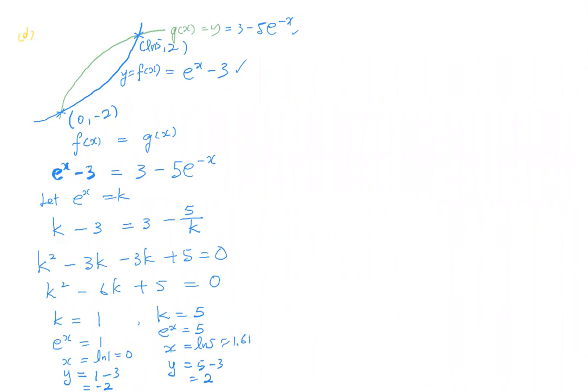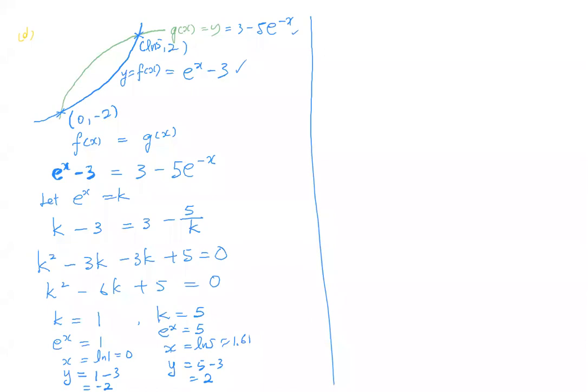So without your graphic calculator, you can sketch the graph. Can you try without graphic calculator and sketch both on the same axis? They ask you to show the important features, meaning the x-intercept, the y-intercept, the limiting value, and the intersection point.